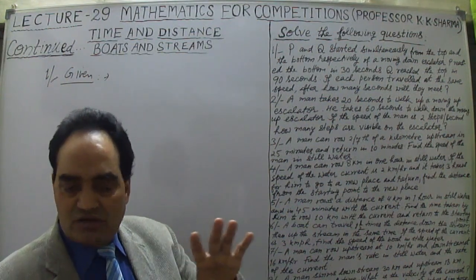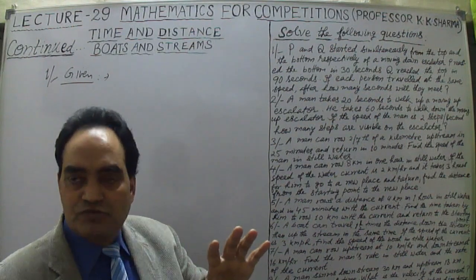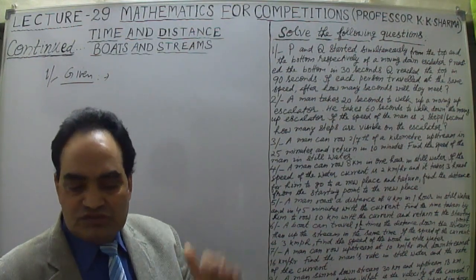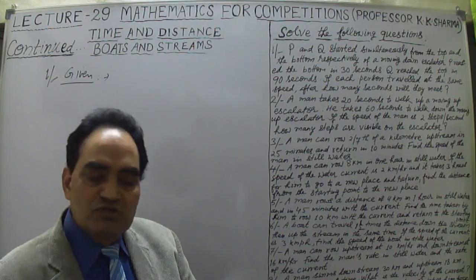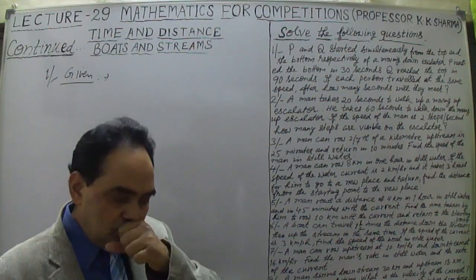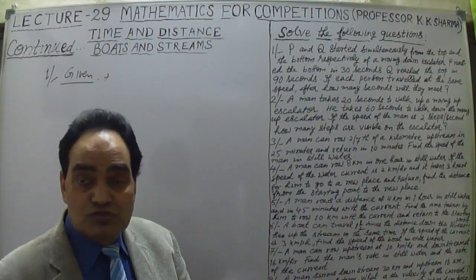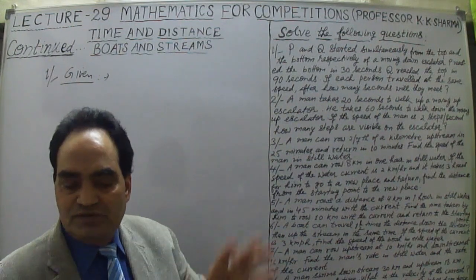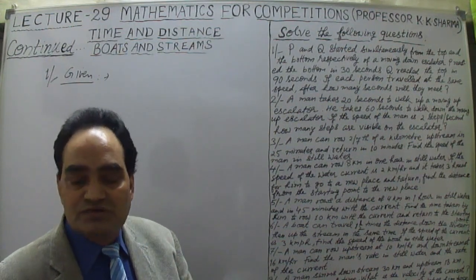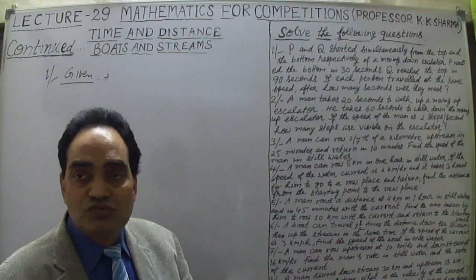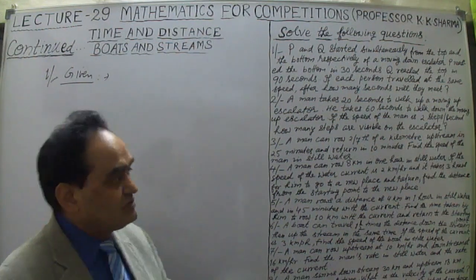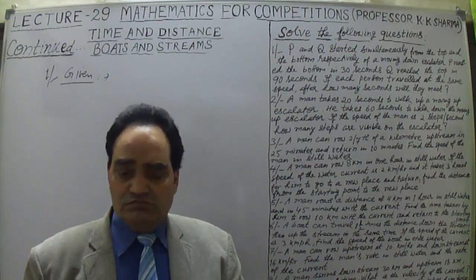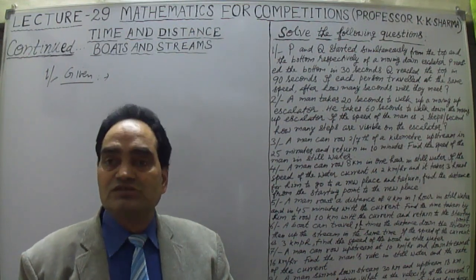After that, when the steps are calculated, then with their relative speed, since both are going opposite to each other, one upwards and one downwards, the relative speed of both will be the sum of those two speeds, the speed downwards plus the speed upwards. With this speed they are going to meet each other in opposite directions. The relative speed will be just the sum of them.